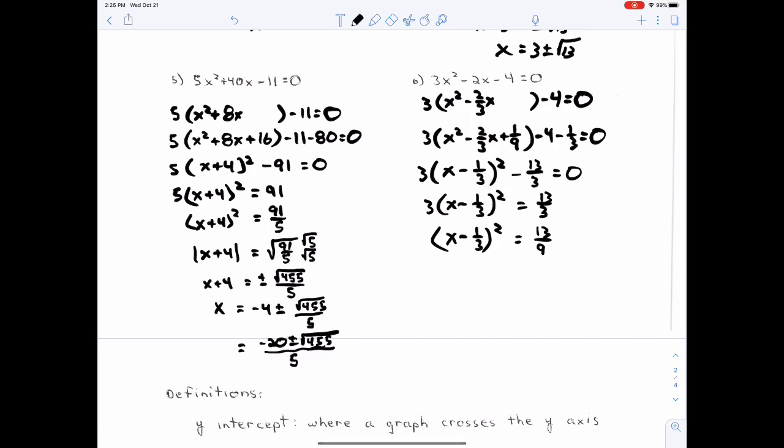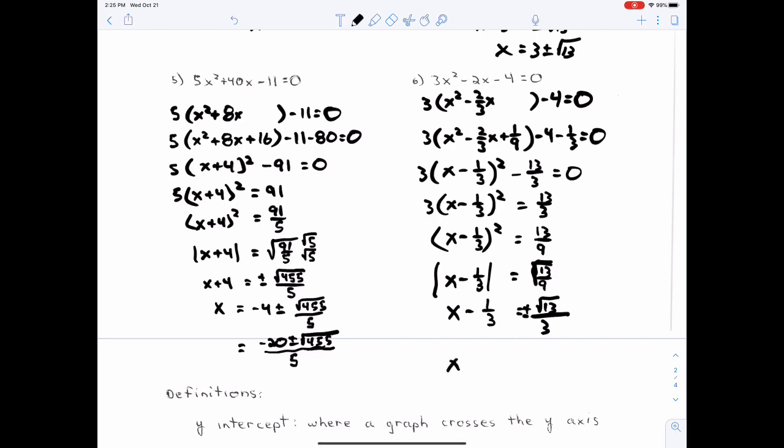Now, at this point, take the square root, so we get x minus 1/3. The absolute value of that equals the square root of 13/9. Okay, what's the square root of 13/9? Take the square root of the top and the square root of the bottom, and you get square root of 13 all over 3. And again, it's plus and minus because we had the absolute value.